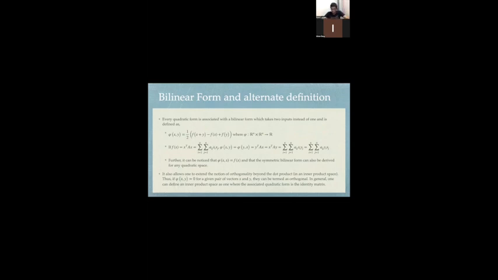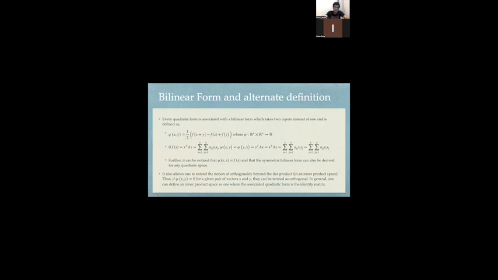Thus, we have already noted that the bilinear form is symmetric, and this allows us to extend the notion of orthogonality beyond the dot product, which is the associated functional mapping in an inner product space. Essentially, if phi of xy is equal to 0, we can define them as orthogonal for that quadratic space, i.e., the space where we associated that specific quadratic form.